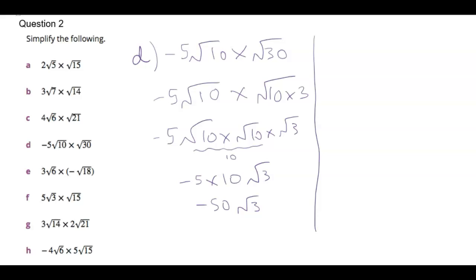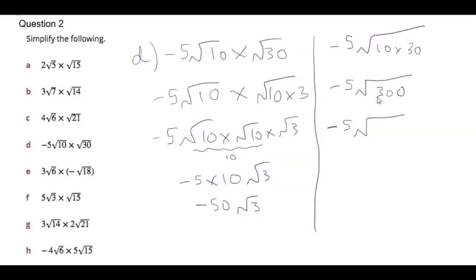And I've shown you both ways with the previous question, but I'm showing you again here. Now, if you prefer, you can just do 10 times 30 here. So 10 times 30 is 300. Now, taking out a square number. Sometimes it might be a bit difficult, especially with higher numbers, to think, oh, what is the highest square number that goes into 300?